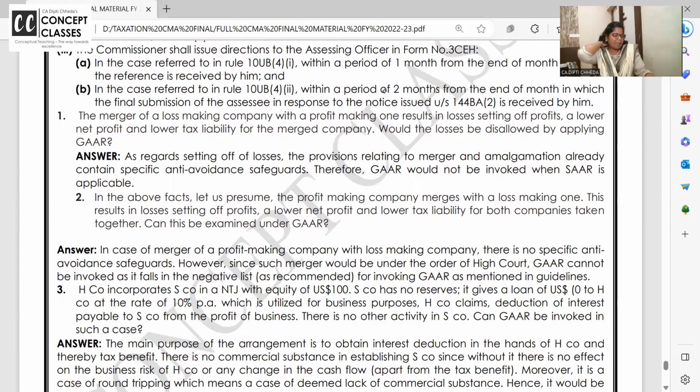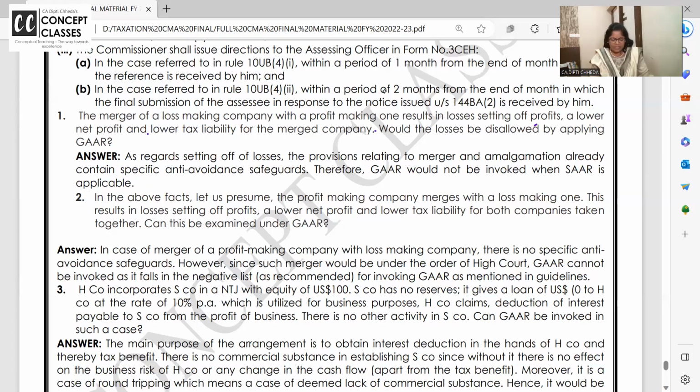If you don't understand, in the exam you will have to make a small diagram. If 2-3 companies are involved in the question, then make a diagram and it will be clear. Merger of a loss-making company with a profit-making one results in losses setting off, a lower net profit and lower tax liability for the merged company.